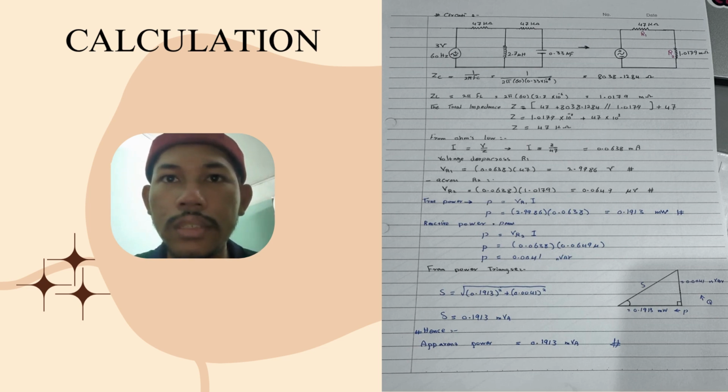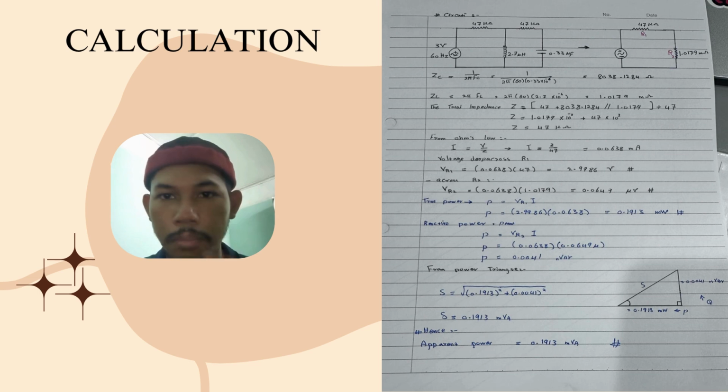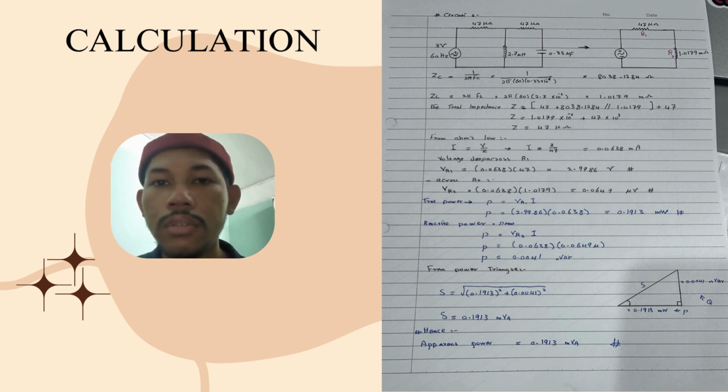So for the calculation part, first thing first, we have to calculate the impedance of each reactive component. Step 1, we calculate capacitive impedance ZC. The capacitive reactance is given by ZC equals 1 over 2 pi times frequency times value of capacitor.